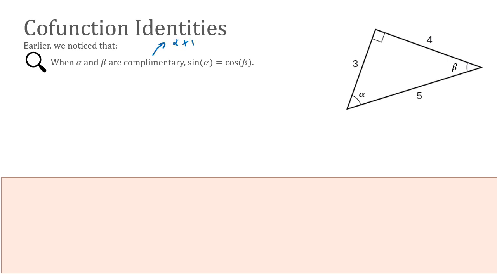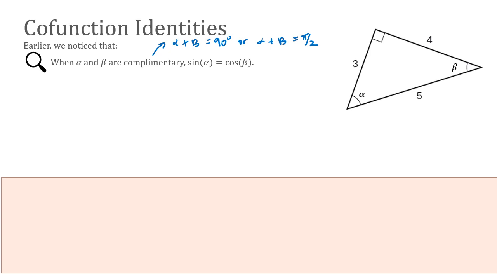So we said alpha plus beta was equal to 90 degrees, and I would say that we could probably add the statement here that if we're in radians, 90 degrees would be equivalent to pi over 2. If our two angles are complementary, then the sine of one of those angles is equal to the cosine of the other.